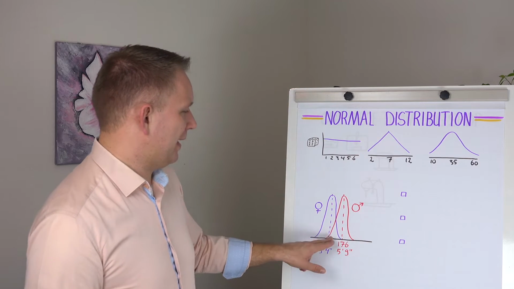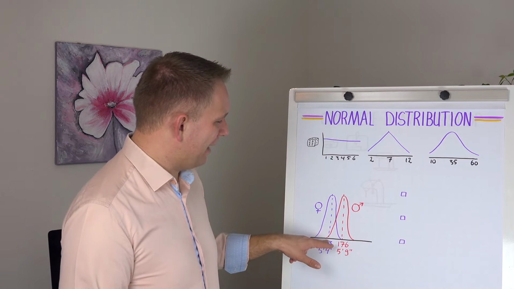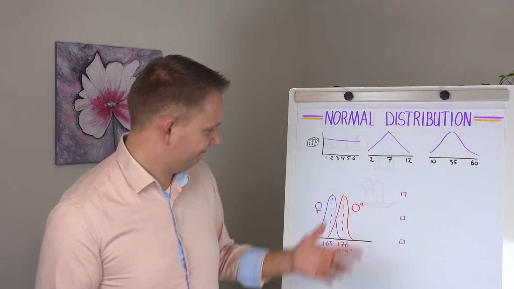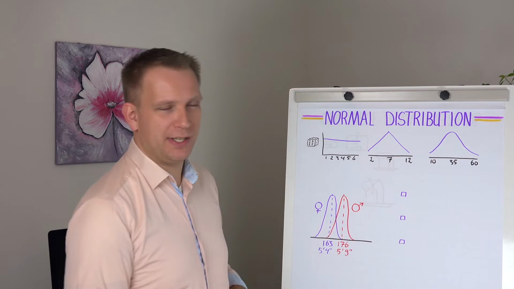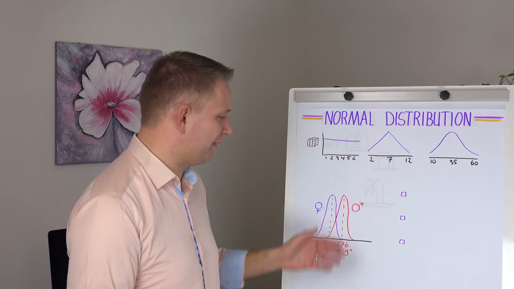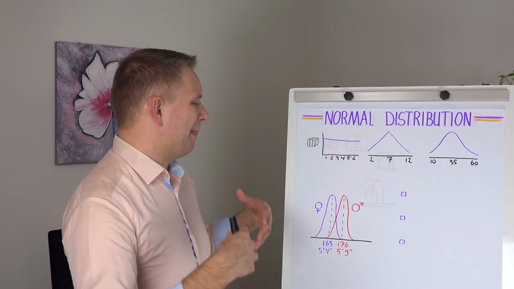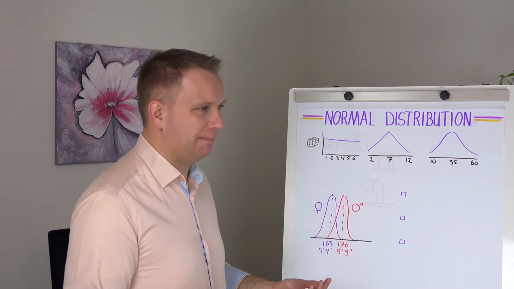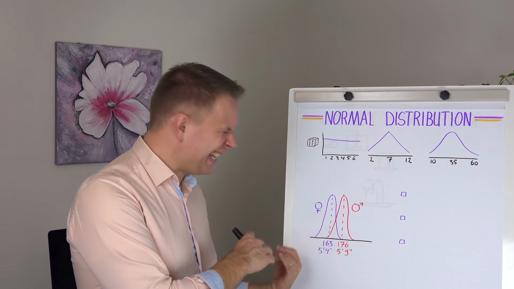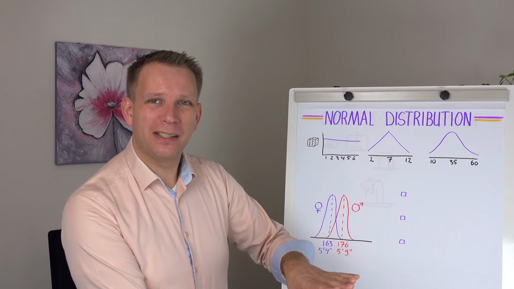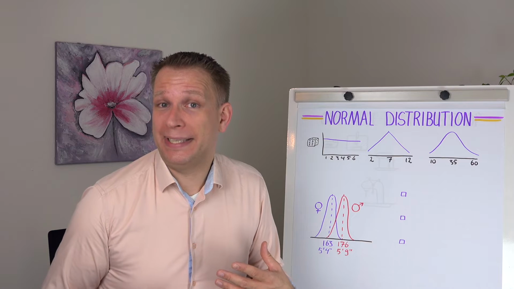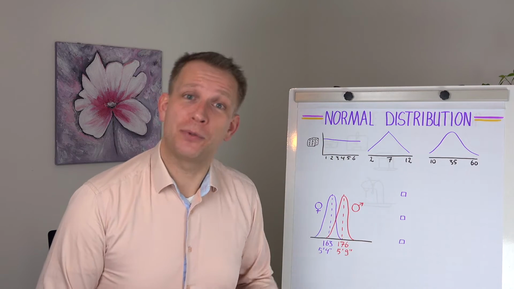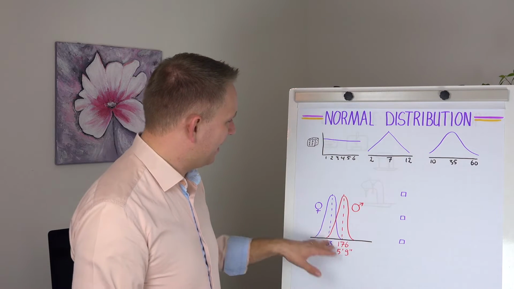Now, one other thing here. For men there is a standard deviation of 7 centimeters here. So that means that most men are between about 160 and 190. I'm 196, so I lie outside of this population.